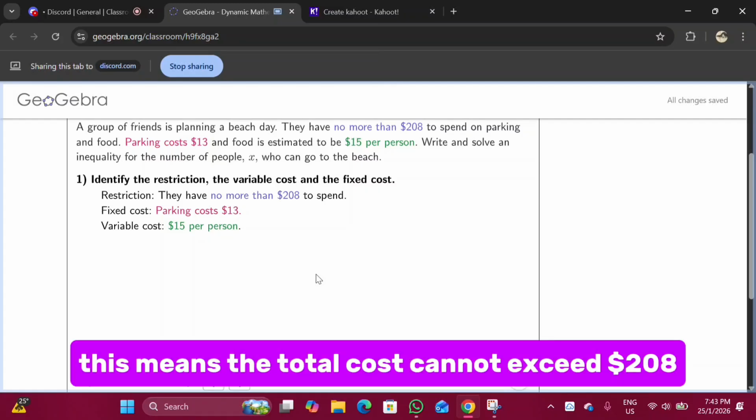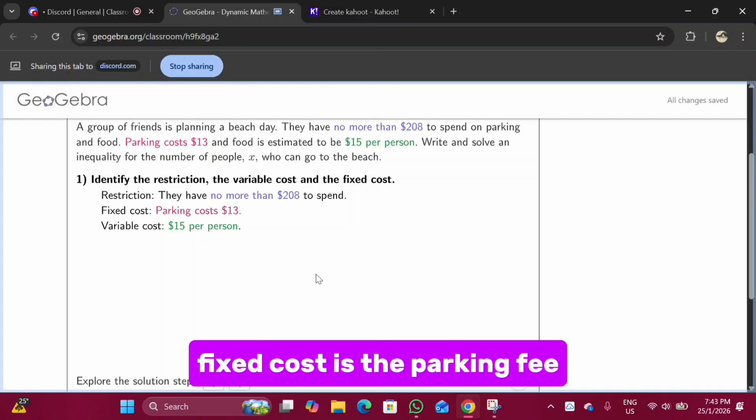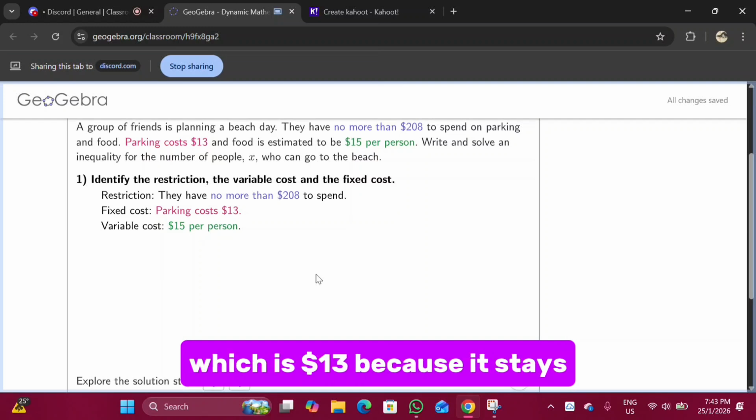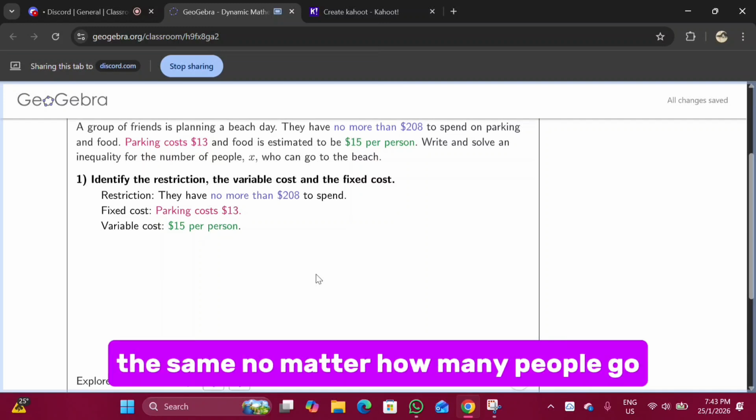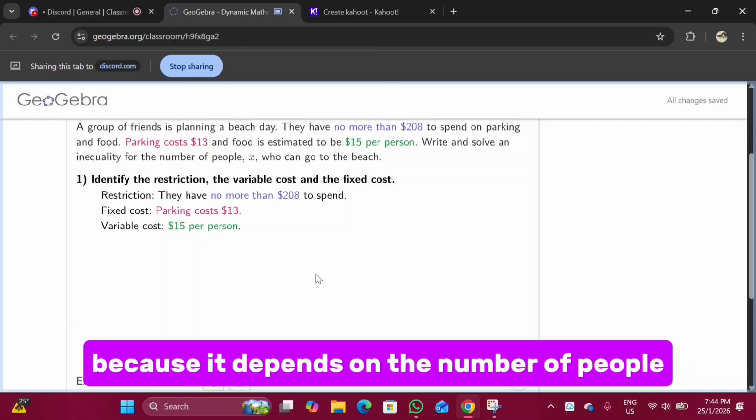This means the total cost cannot exceed $208. Meanwhile, the fixed cost is the parking fee, which is $13 because it stays the same no matter how many people go. And the variable cost is the food cost, which is $15 per person because it depends on the number of people.